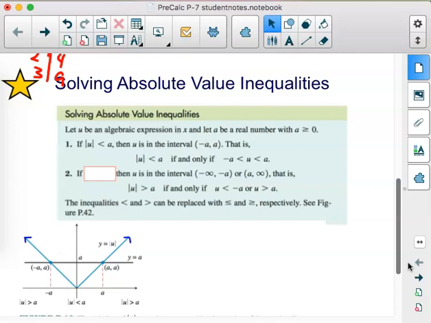In that last graph, we just saw all the stuff that was below the x-axis was what we needed, and that was an and statement. So from -a to a, our interval will tell us u, our solution, is sandwiched between -a and a, if it says greater than.